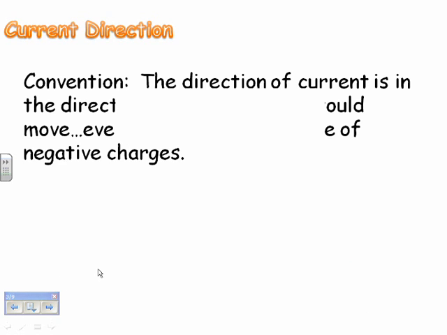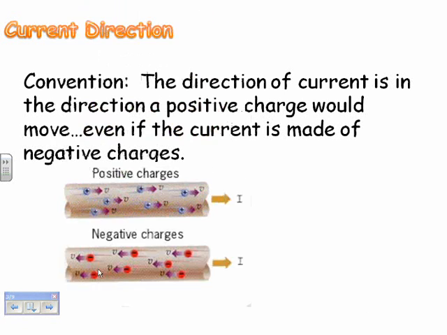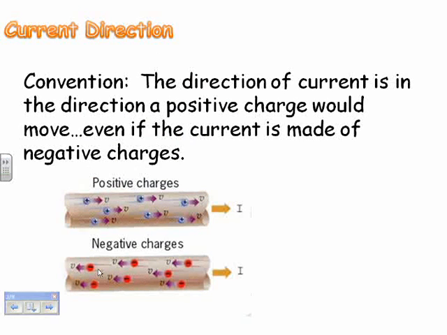But we need to talk about how things flow through a wire. Benjamin Franklin, who did a lot of things with electricity, thought that it was really the positive charges that moved through a given conductor. So he did everything in terms of positive charges.